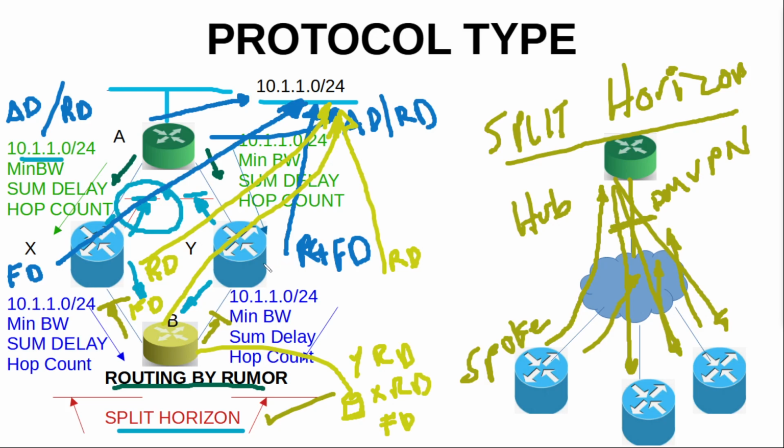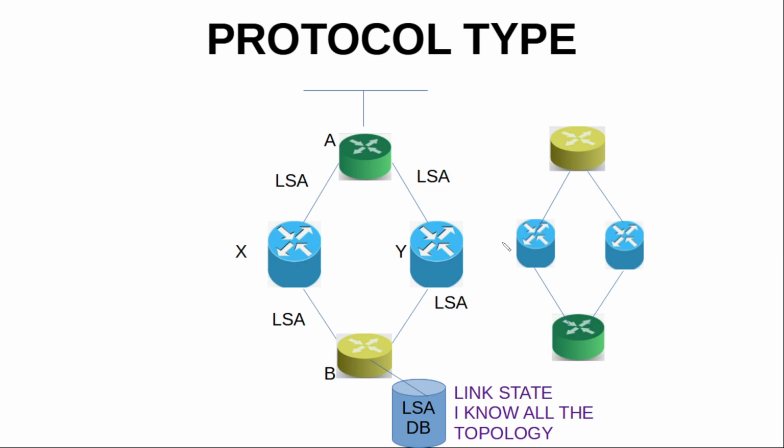The same applies for router Y. It will store this information in its EIGRP topology table with router A reported distance and feasible distance. And the same will apply for router X, and so on.